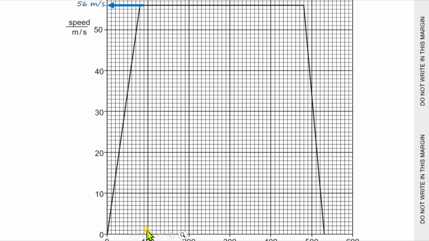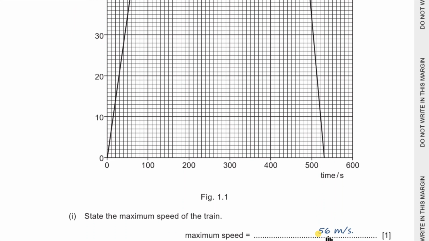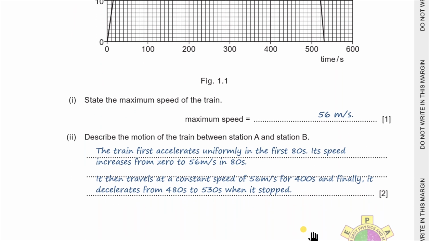From here, if you look at this is 90, this is 100. In the first 80 seconds you accelerate uniformly from 0 to 56 meters per second, and then it maintains that speed until the 500 seconds, and then it decelerates uniformly to 0 and stops after 530 seconds.